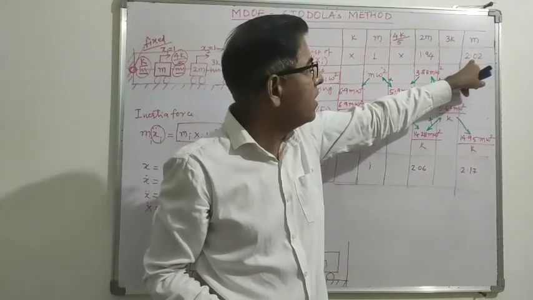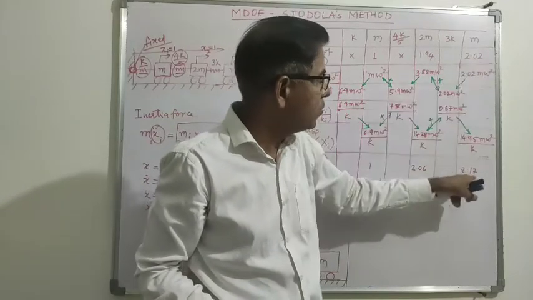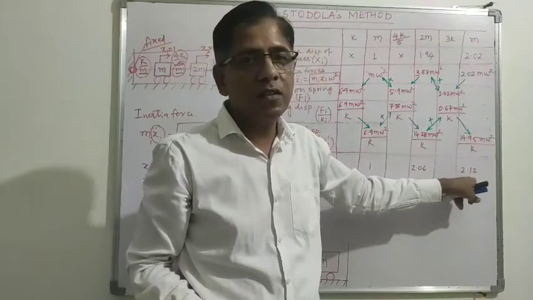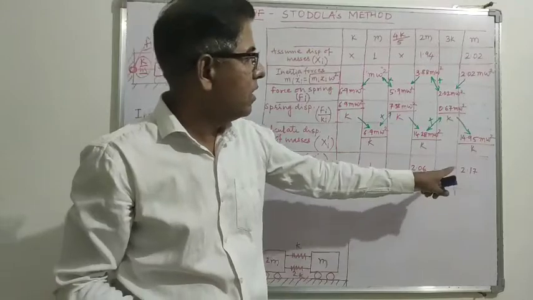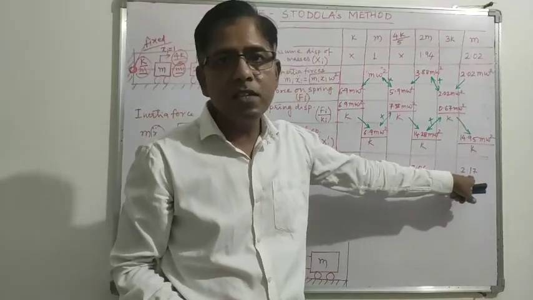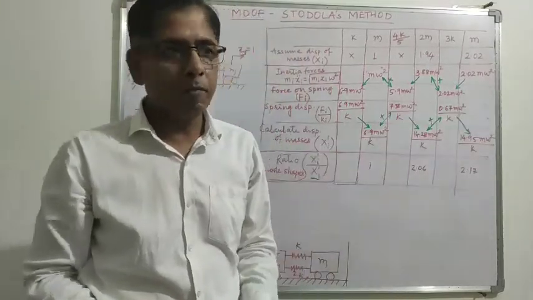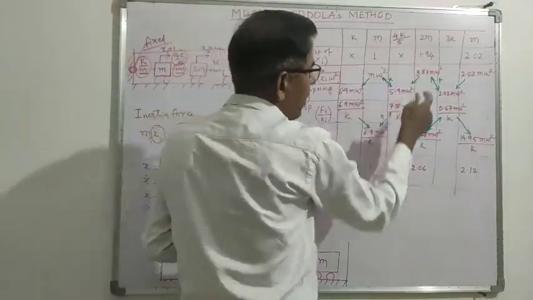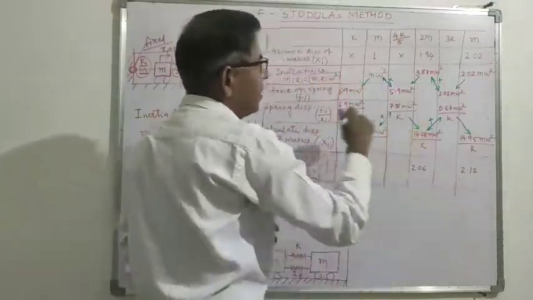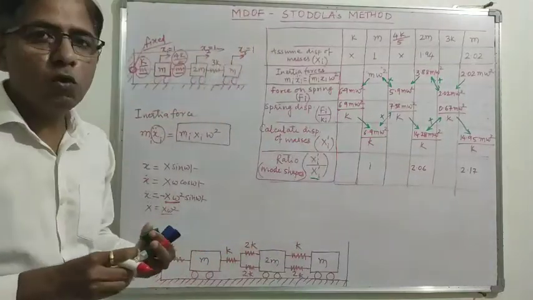So after the decimal, the first place should be matched. So we need to carry out the iteration till the first place after the decimal is the same. Okay. So here again these values are not matching. So again we need to go for the third iteration.